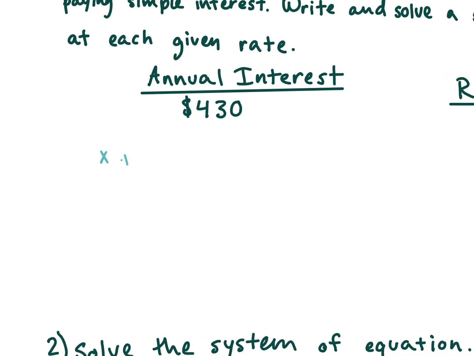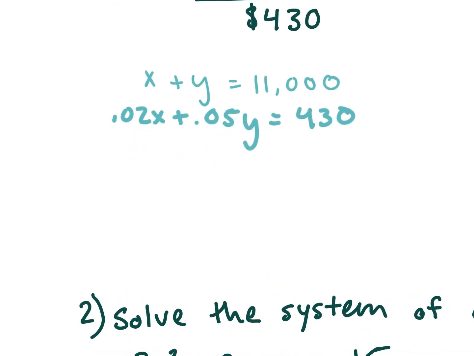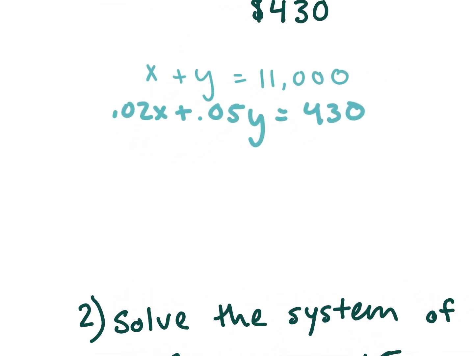So we have x plus y equals 11,000. And then rate 1 is, so we'll have 0.02x plus 0.05y equals 430. So these 2 equations will be given to you. It'll have a word problem, but it'll also have 2 equations.